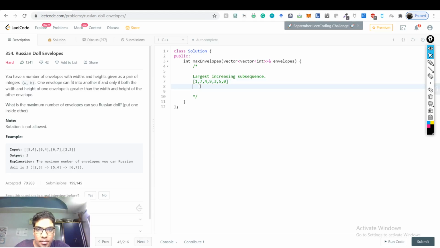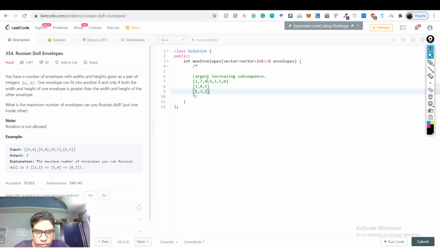From this, what you want to do is figure out the largest increasing subsequence. Here 1 4 5 seems to be one, where each element comes after the other and is greater than the previous one. 1 3 and 5 is also another possibility, right?